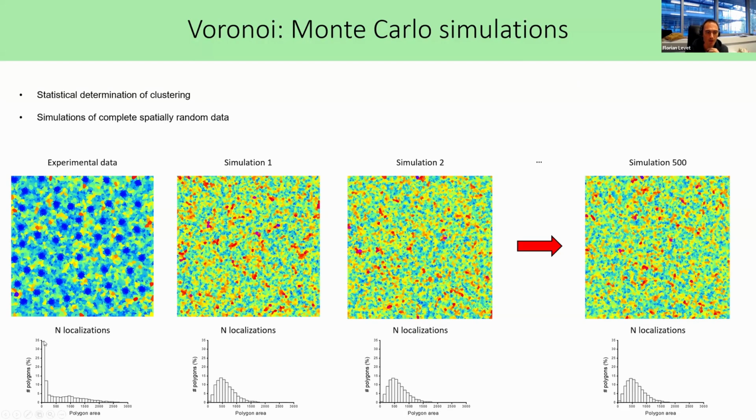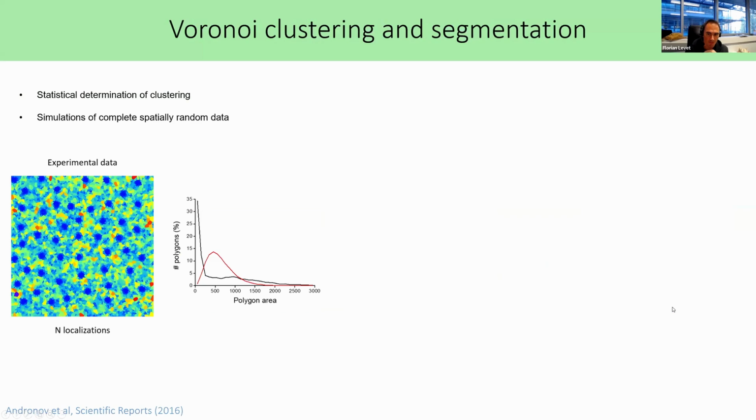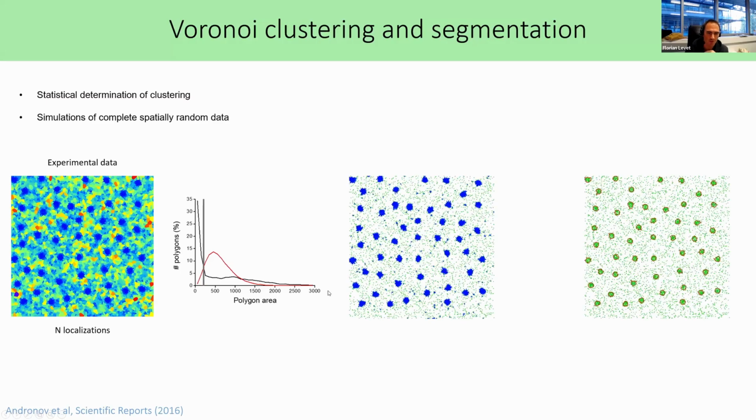So you have the distribution of the polygon area of your experimental data, and then you have the distribution of all the polygon area for all of your simulation. You plot together the experimental data and the mean of all the simulation. You find where they intersect. This is your threshold. You apply it, and you have a statistical determination of the clustering.